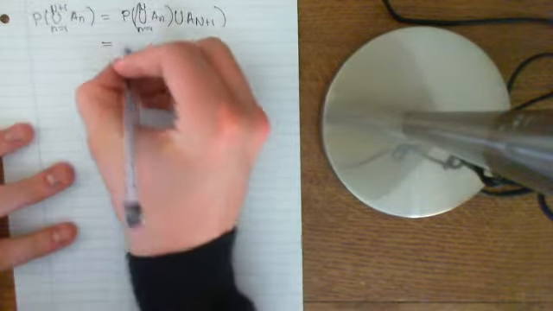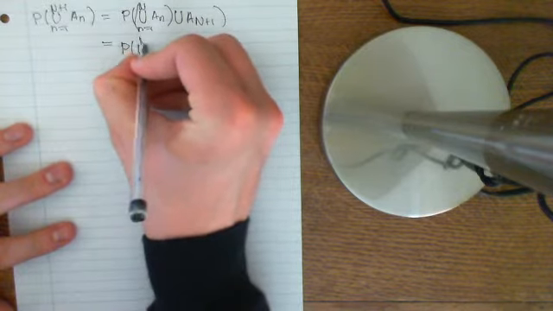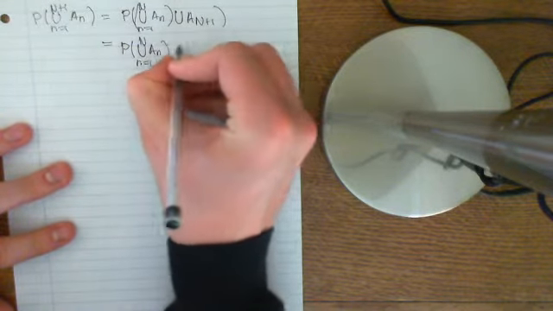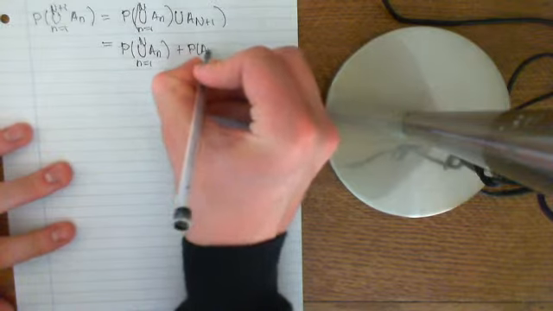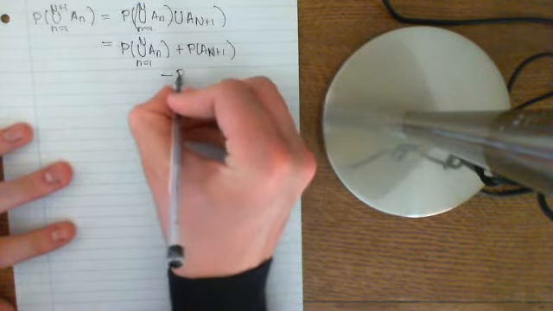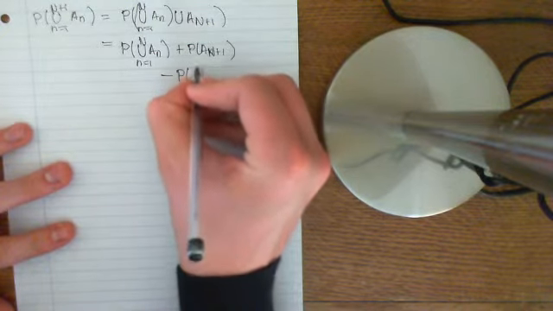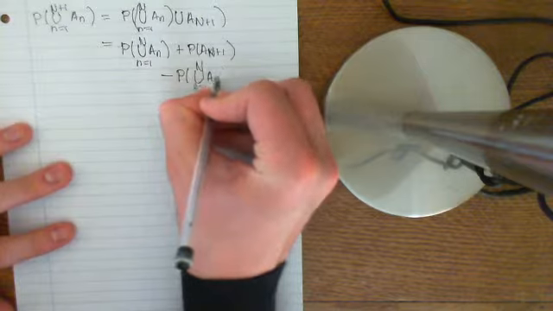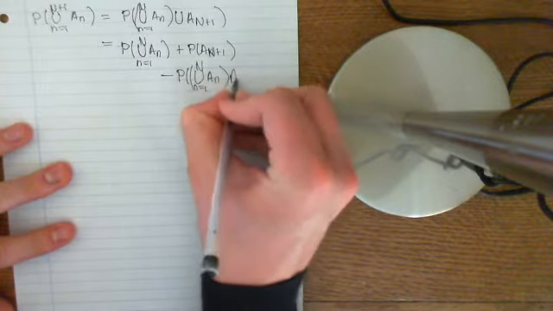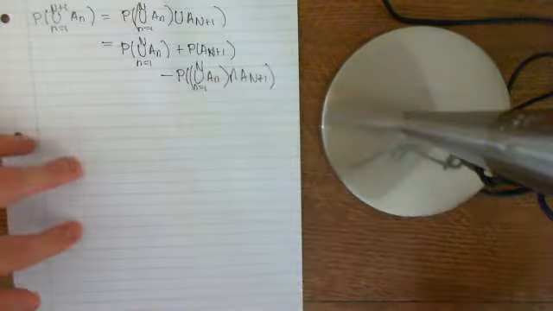I could rewrite that as the probability of the union n is equal to 1 to n, plus the probability of an plus 1, big N plus 1 rather, minus the probability of this great big union, n is equal to 1 to big N of an intersection an plus 1. And I'm hoping that if I just follow my nose, this is going to come out nicely.